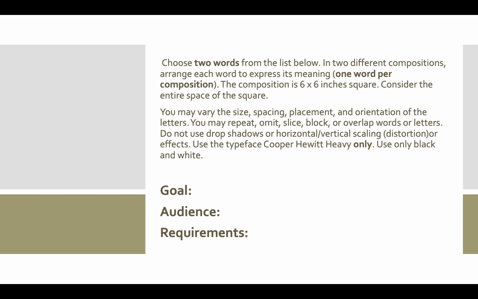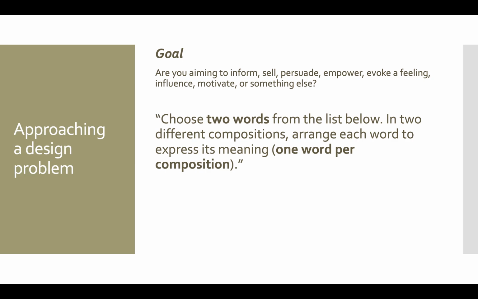So, if that's your brief, let's think about the goal, audience, and requirements in order to break down what we need to do so that we can balance that with our inspiration. In this case, let's think about the goal. What are you aiming to do? Here I've taken again from the brief. You're choosing 2 words from the list, and in 2 compositions, you're arranging the word to express meaning, 1 word per composition.